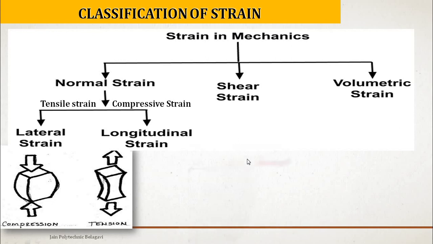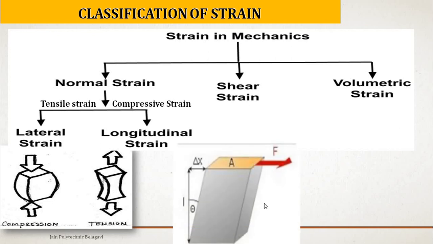So coming to shear strain. You can find it in the animation we just saw in the last slide. There is one box which is fixed at the bottom, and it has a surface area over which a tangential force is applied. This tangential force is developing a little bit of change in the angle.